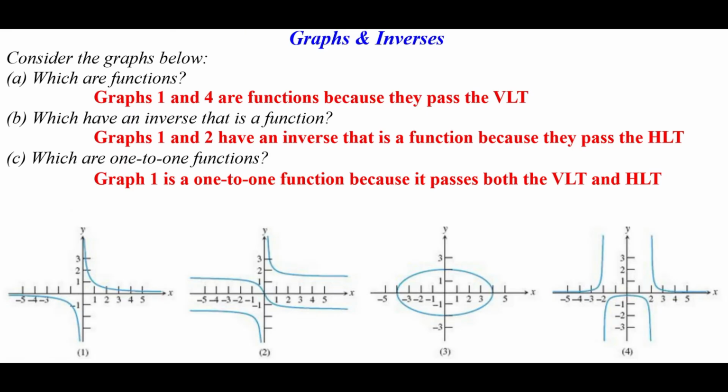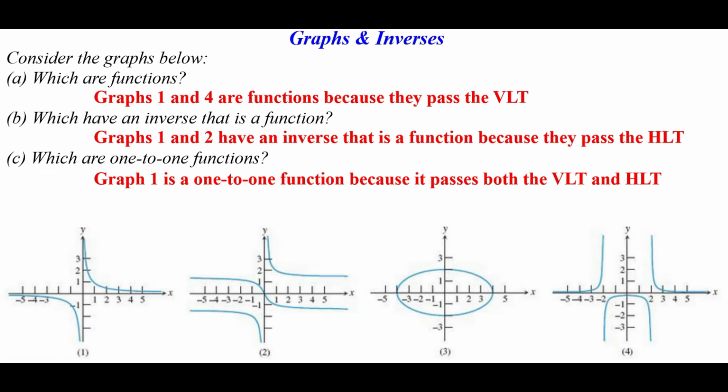Okay, so just a quick review. Remember that the vertical line test tells us whether something is a function or not. The horizontal line test is going to tell us if the inverse is a function, and if both the horizontal line test and the vertical line test are passed, then that means that the original function and the inverse function are one-to-one functions.